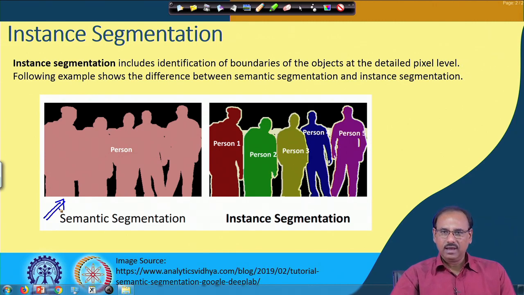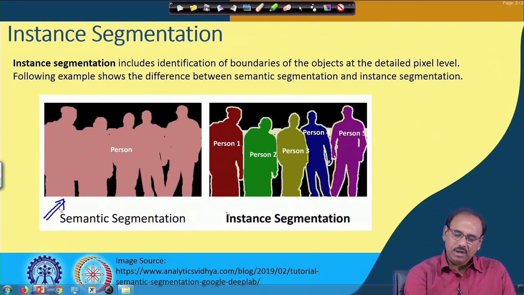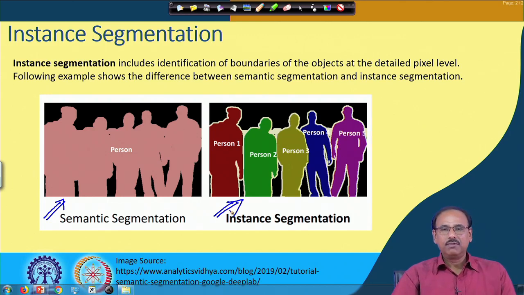It does not say which pixel belongs to which of the persons. Whereas, if you look at this particular segmented output, in addition to classification, it also tells you the boundary of different persons. That means every instance of an object belonging to that class has been segmented out separately.